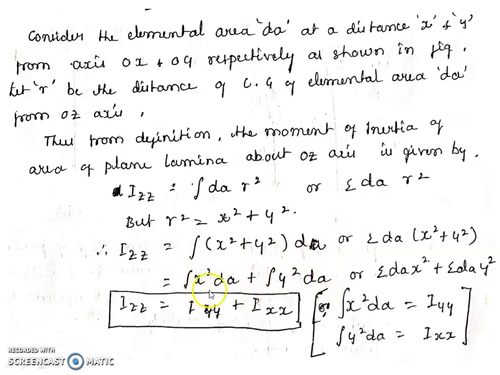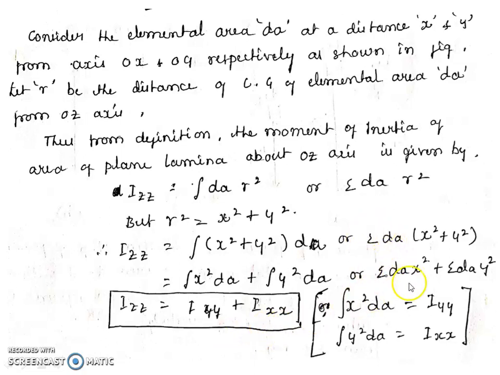Integral x square dA is nothing but Iyy, that is moment of inertia with respect to y axis. Integral y square dA is nothing but moment of inertia with respect to x axis. Then the equation becomes Izz is equal to Iyy plus Ixx, that is moment of inertia with respect to z axis, that is polar moment of inertia, is equal to summation of moment of inertia with respect to x axis and moment of inertia with respect to y axis.